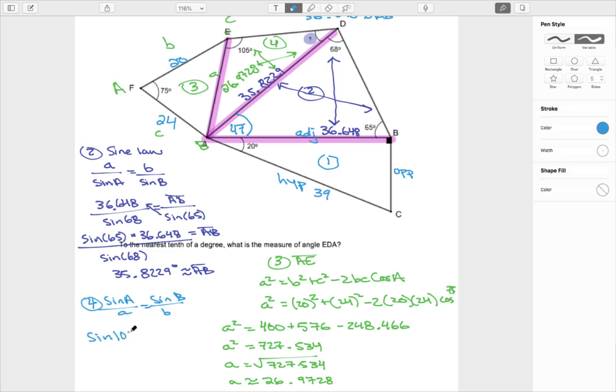Okay, so we get one buddy. That's the 105 over its opposite side. And then the sine of what we're looking for, so the angle is question mark, or D. Well, no, it's not D because it's angle EDA, all right, as shown here, because you're connecting the dots, EDA, and knowing that D is where the angle lies. So it's like, that is a leg, that is the angle, that is a leg.